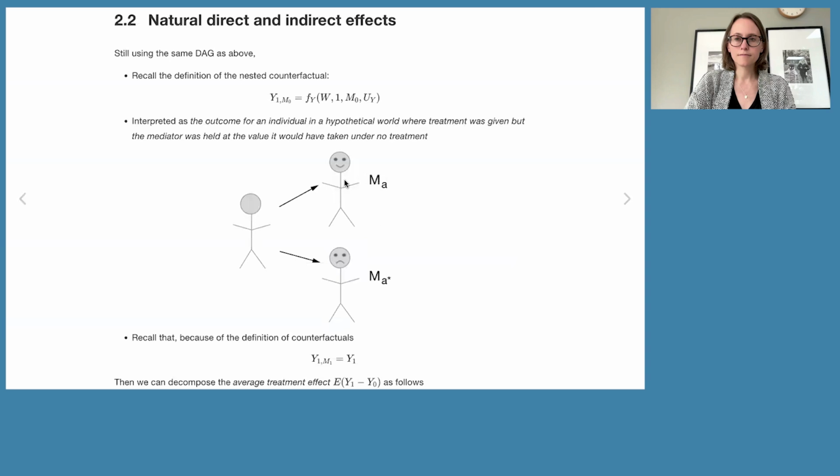One where their mediator is whatever it would have been had treatment been set to some value, let's say little a, versus whatever that individual's specific mediator would have been had treatment been set to a different value. So let's say A star.